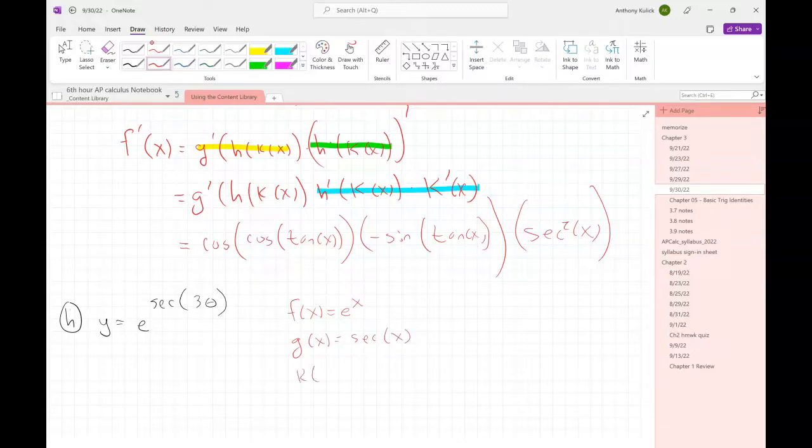And k of x is 3x. So what we have is y is equal to f of g of k of, and I'm going to change back to theta since that was the variable in my problem. Everybody cool?